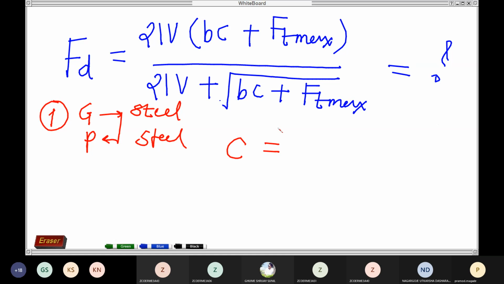That is C is equal to 11,500 e, where small e is nothing but error. So this value is defined by Buckingham.